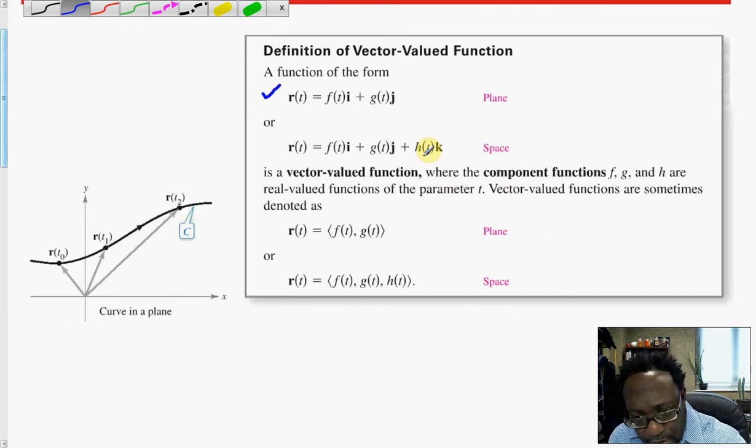These are functions in respect to a vector. A vector is some quantity that has two things, direction and magnitude.